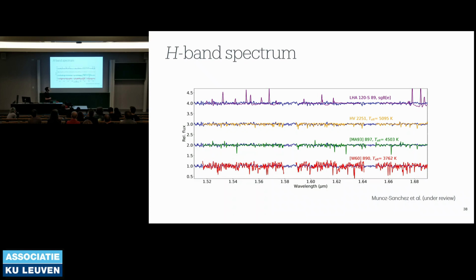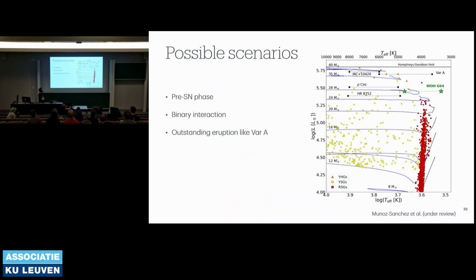And you can see that it matches more the yellow supergiants. So what we have is, in the optical part, a blue B[e] phenomenon, and in the infrared part, a yellow supergiant.